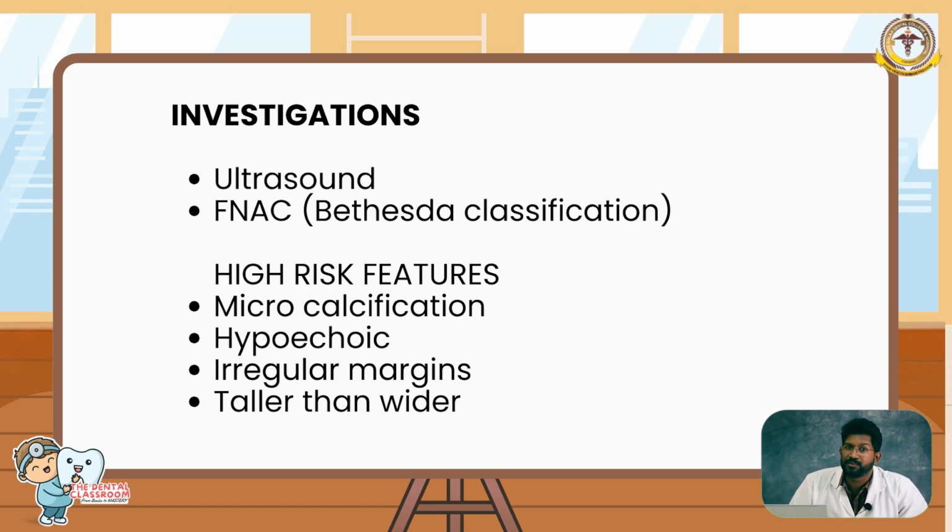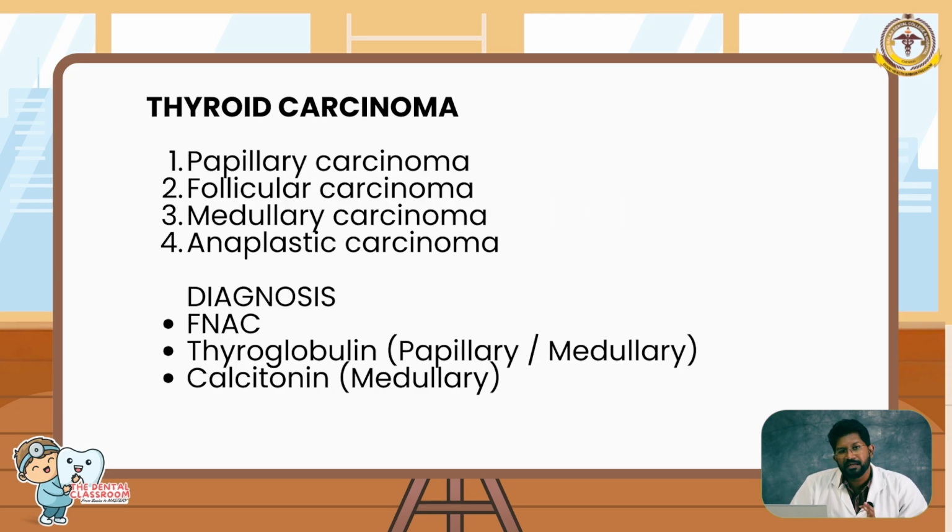If the patient is in a euthyroid state, you can do fine needle aspiration cytology, in which you see the Bethesda classification. Broadly, the thyroid malignancies are papillary carcinoma of thyroid, follicular carcinoma of thyroid, medullary carcinoma of thyroid, anaplastic carcinoma of thyroid, and lymphomas. Lymphomas of the thyroid are also seen.